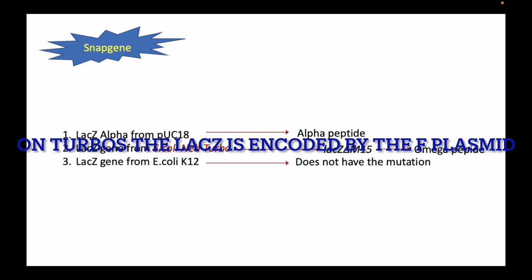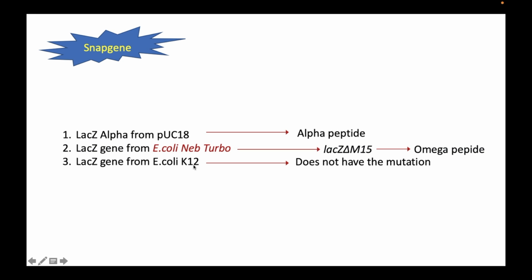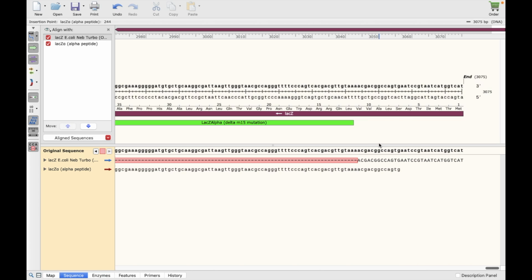And sequence number 3 will be the LacZ gene from E. coli K12, which is a strain that does not have any mutation, so it encodes for the fully functional protein. These are the three sequences I was talking about.